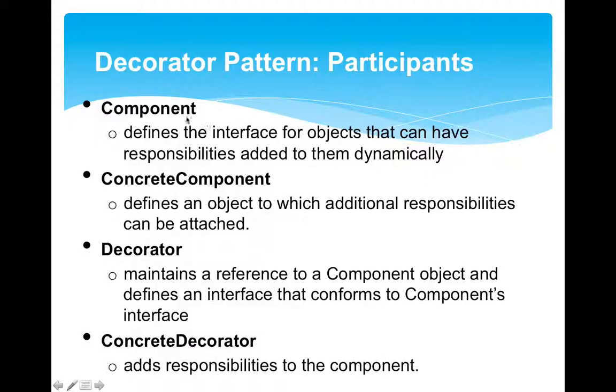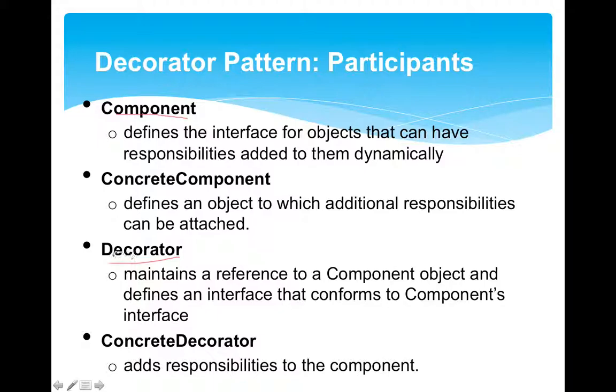In the decorator pattern, we have four participants. We have a component interface, which simply defines the behavior requirement for the concrete one, and a decorator interface, which is independent of a specific application or classes, and then we have the concrete ones. The component is the one to receive more responsibilities, and the decorator is the one to add to the component.